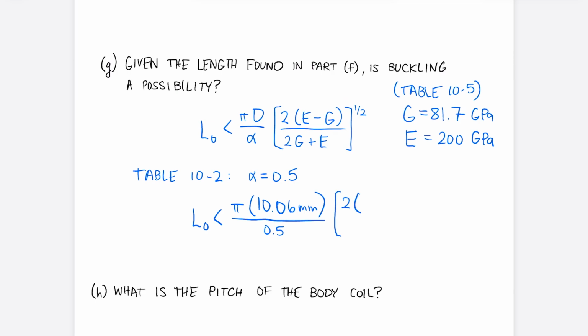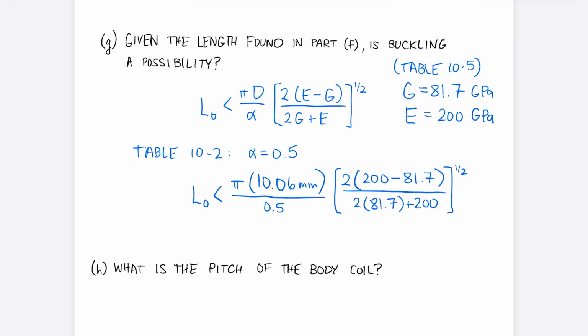And then we plug in our moduli, so 200 minus 81.7, and 2 times 81.7 plus 200 on the bottom, to the 1/2 power.